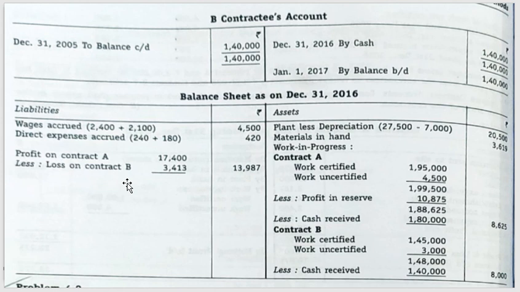And in your liability side, we will be taking all your accrued, that is nothing but your outstanding expenses, and we will be showing the profit which has been earned by the contract. If there is profit for both, add both the contracts profit and show it. If there is loss, minus the loss from the profit of the contract which you have earned, and then show the balance.